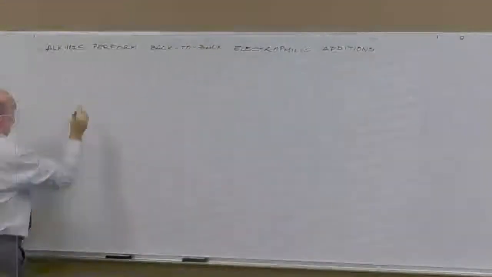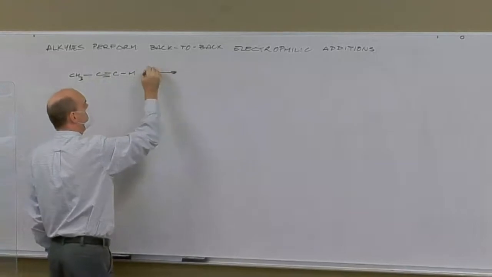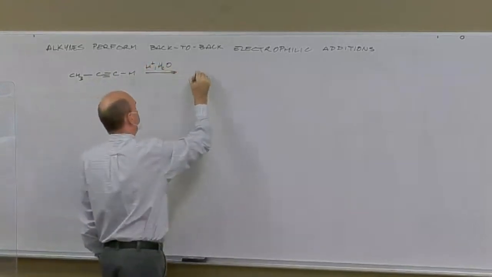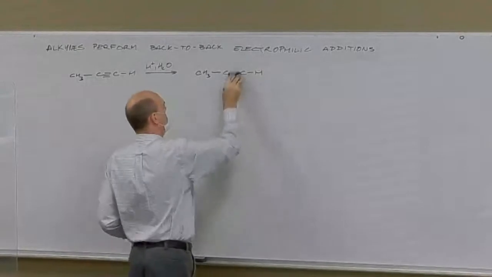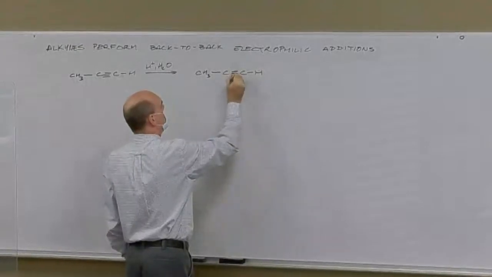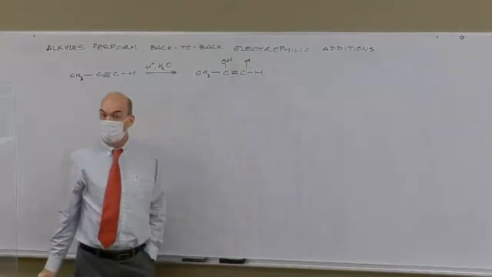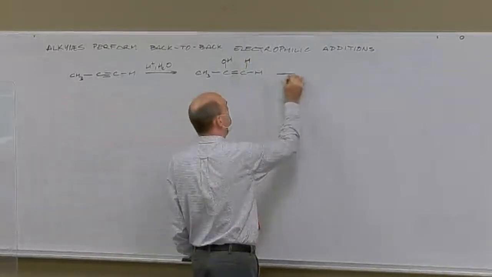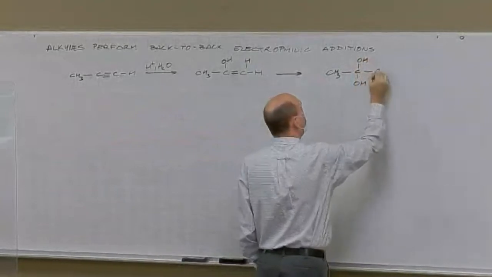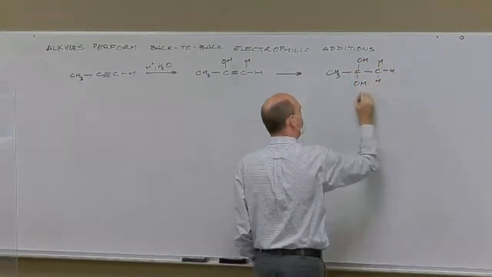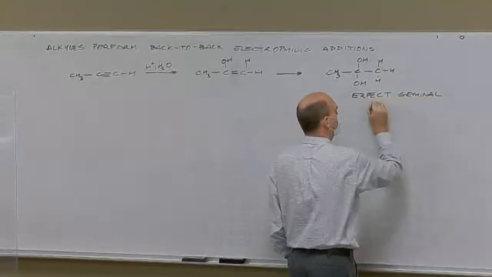So we should be expecting this asymmetric alkyne to make this molecule, followed by this, and we should be expecting to see the geminal diol.